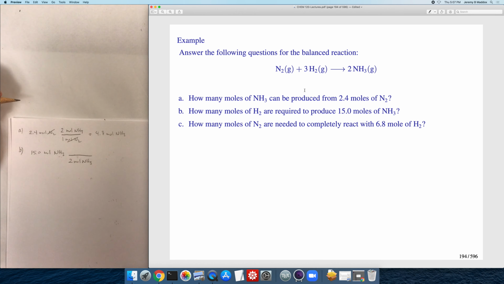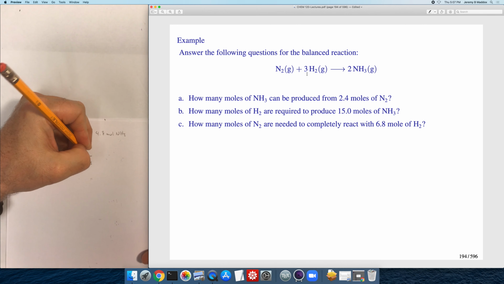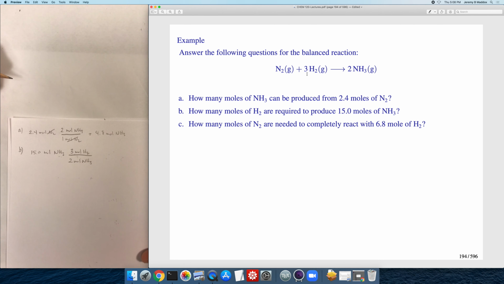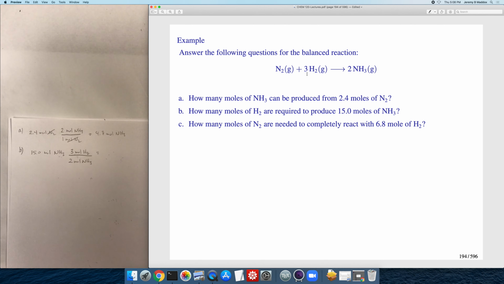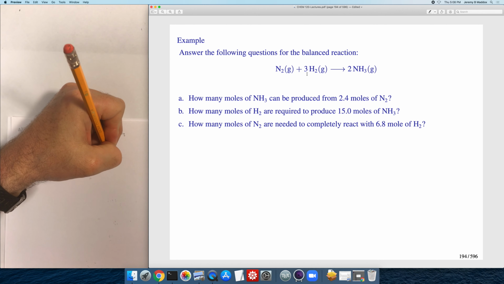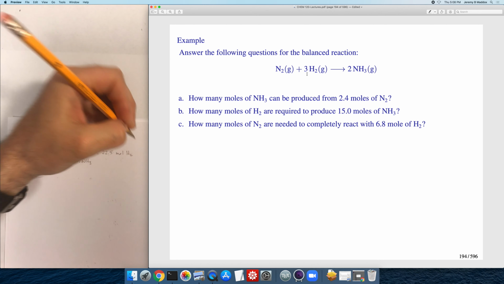And the stoichiometric coefficient for hydrogen is 3. So we're going to have 3 moles of H2 in the numerator. So we'll take 15 times 3, divide that by 2, and we get 22.5 moles of H2.